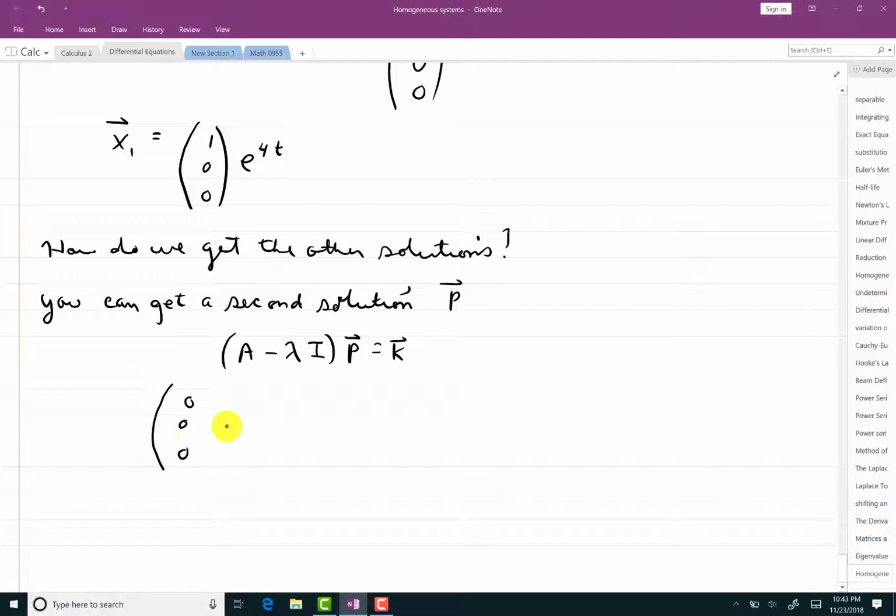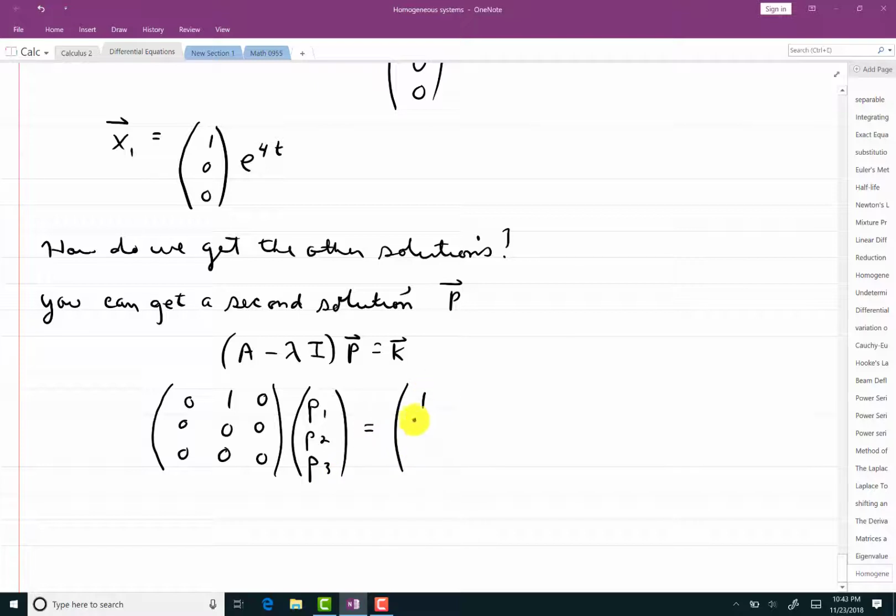0, 0, 0. I had a 0 down the diagonal. I had 1s in only a couple of places. Yep, I made a mistake there. Now for the time being, I'll just call P sub 1, P sub 2, and P sub 3.